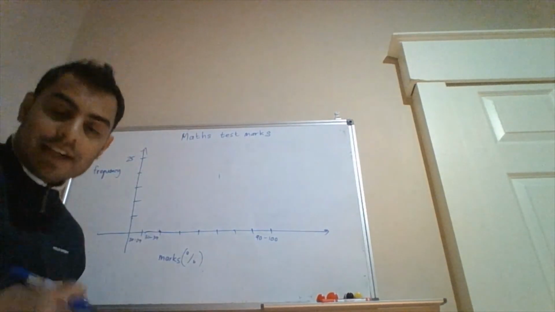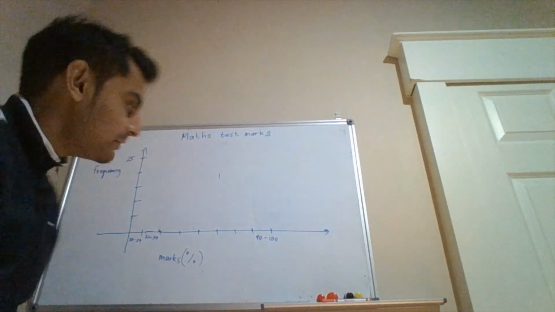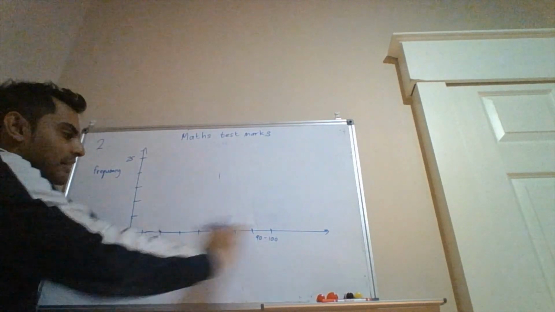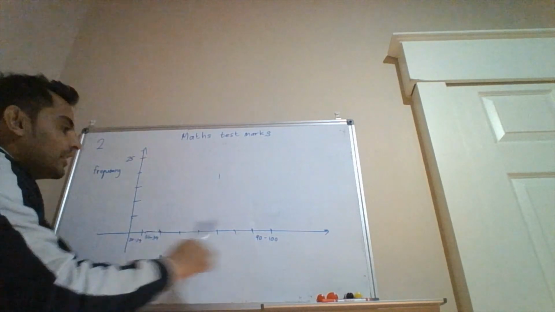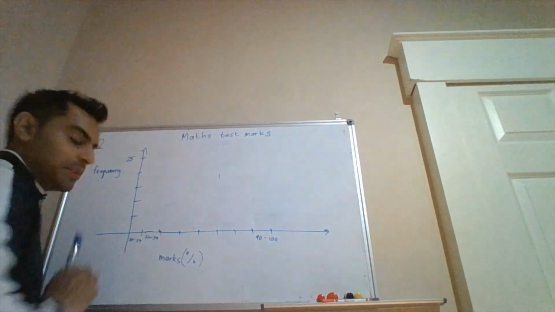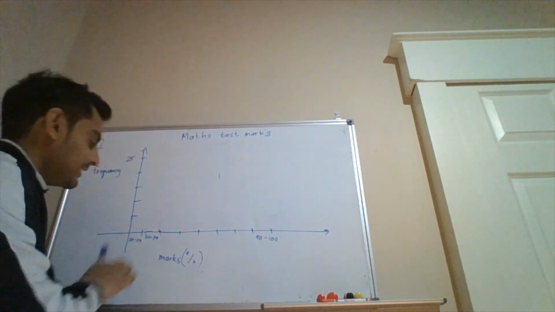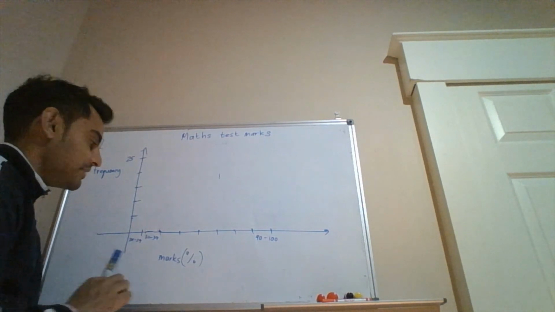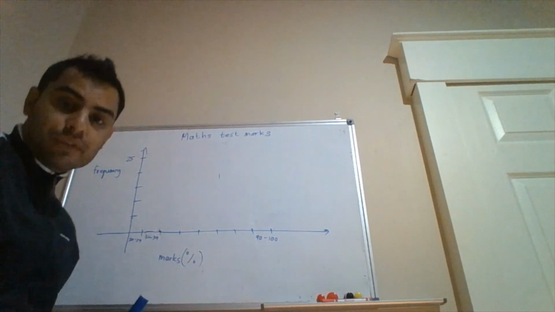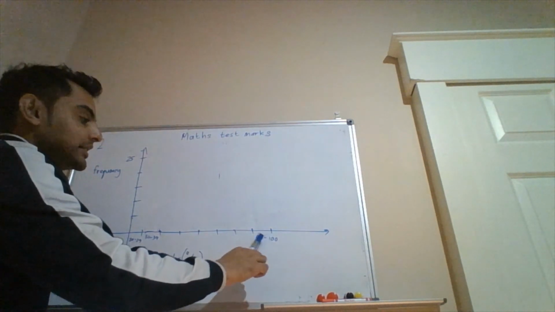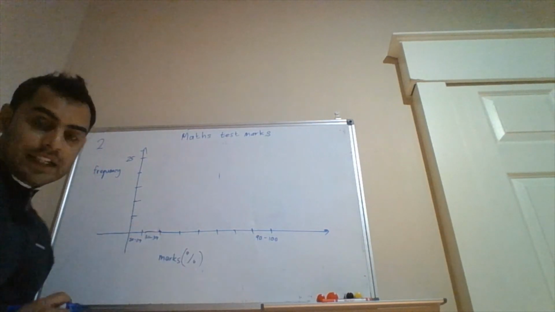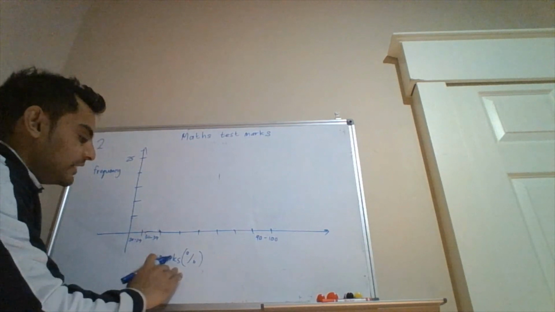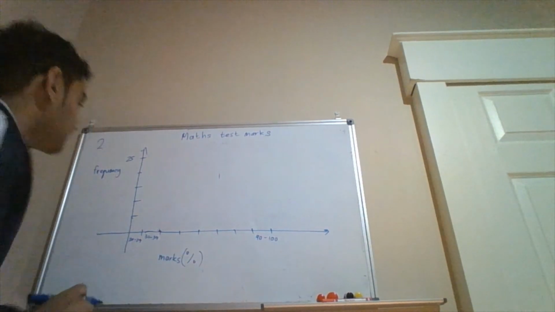So I've laid out the axes for our histogram over here. We said we'd have the horizontal axis as our intervals. So we've got 8 equal intervals, the first one being 20 to 29%, the second 30 to 39%, and so on and so forth, till we get to the last interval, 90 to 100%. Remember, this axis needs a label, and it marks percentage.